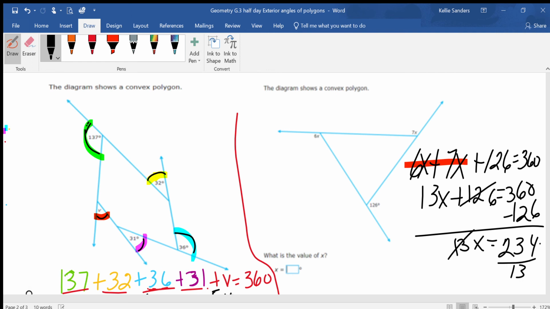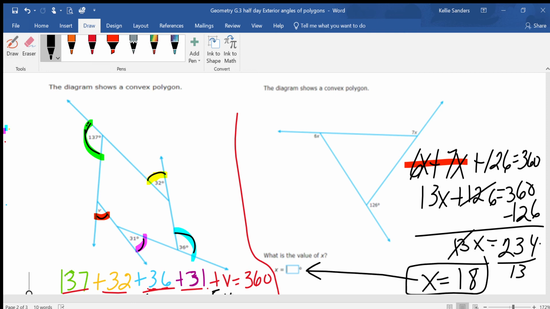Look, I am going to have to get a calculator. 18. X is 18, and that was the question. What is the value of x?